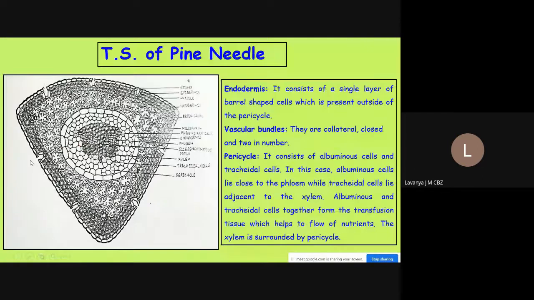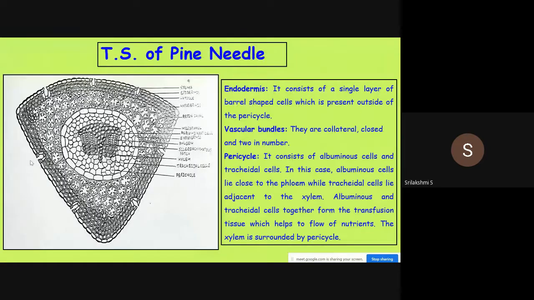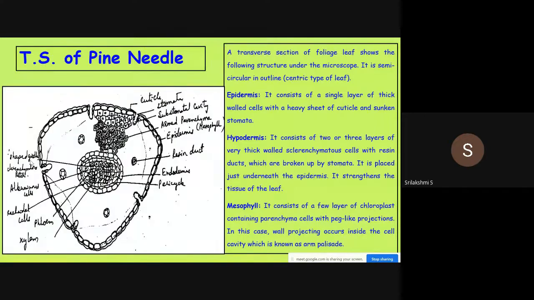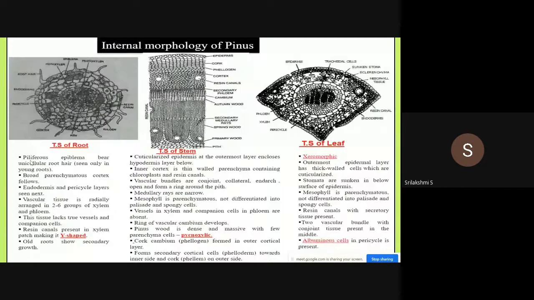Once again, if you can just see. Same thing. I think this is madam's diagram and this is from my record. Next, the same thing. What you're seeing here, the tiers of root, stem, leaf, everything is put together.